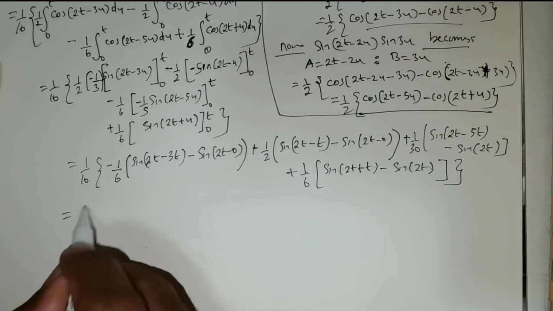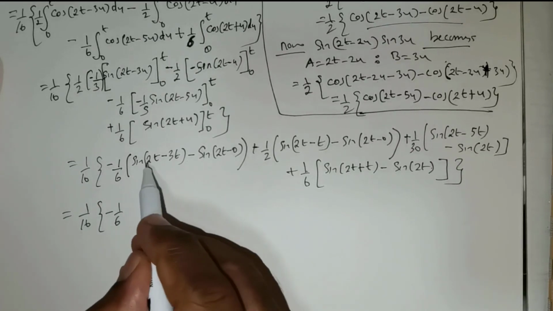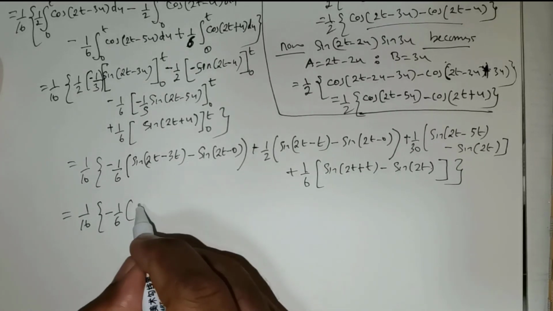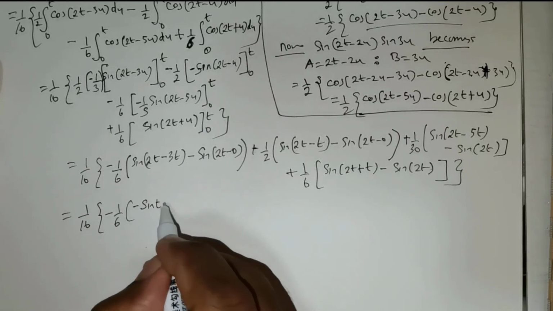Now this is equal to 1 over 16 times negative 1 over 6 sine of 2t minus t, that's sine of negative t. Sine is an odd function, so I can write it as negative sine of t.